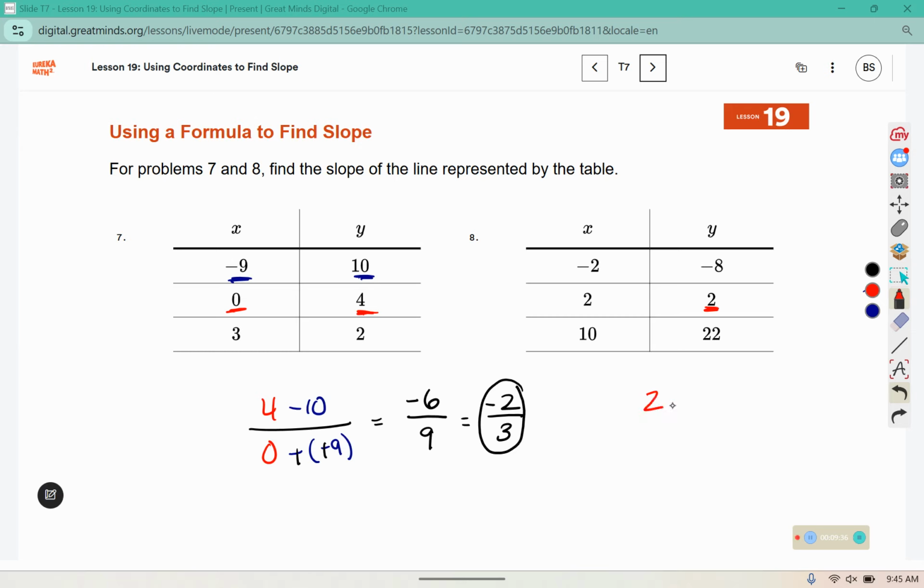Again, we'll start with y2 and subtract y1 divided by the subtraction of the x values.